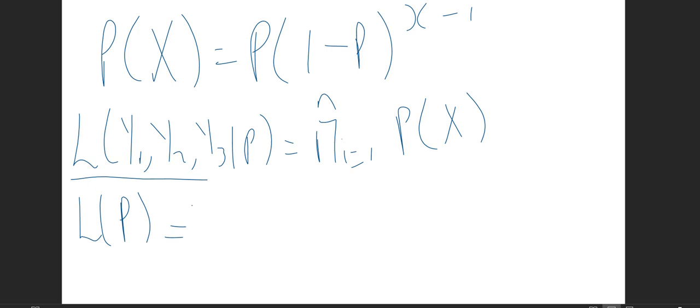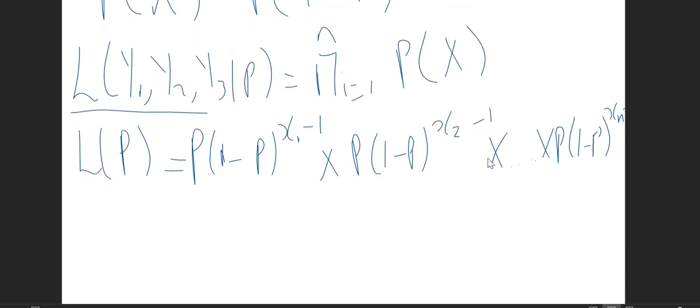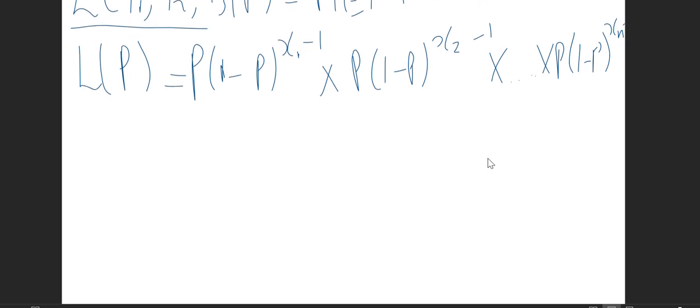Now this is going to be p(1 minus p) to the x1 minus 1, multiplied by p(1 minus p) raised to x2 minus 1, and so on until p(1 minus p) to the xn minus 1. Sorry for that, because I no longer have space now.